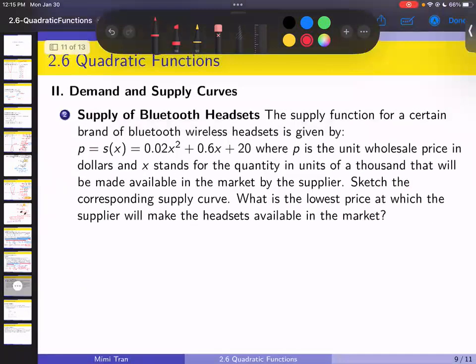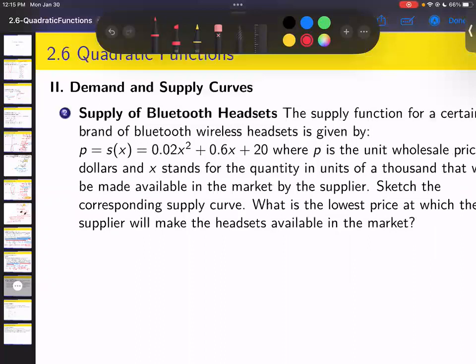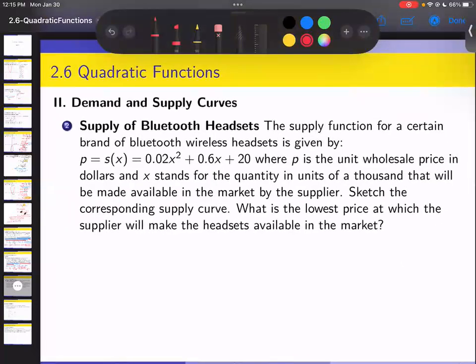Number 2. I hope my equation is correct. Same thing, Bluetooth headsets, the supply function, S of X, where S stands for supply, P is the unit wholesale price in dollars and X stands for the quantity in units of thousands that will be made available in the market by the supplier.